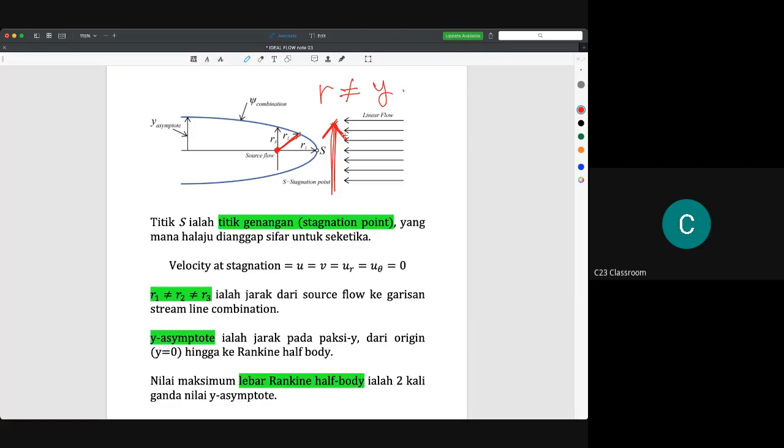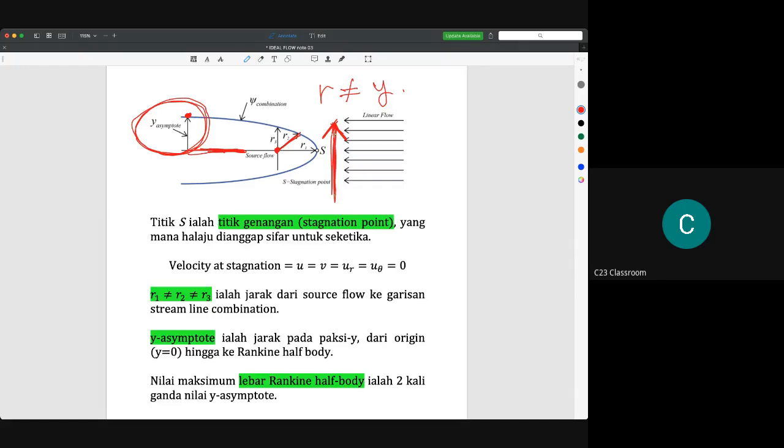Okay, because for Rankine half body here, we have another parameter which is called the y asymptote. So the y asymptote here is actually the distance. Okay, you should know the definition. The y asymptote here is the distance from the center line to the Psi combination on y-axis.